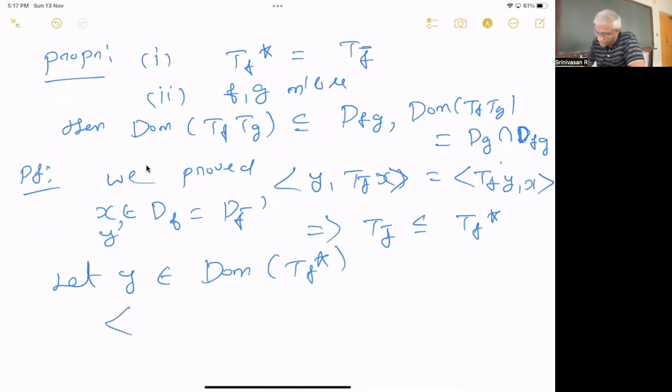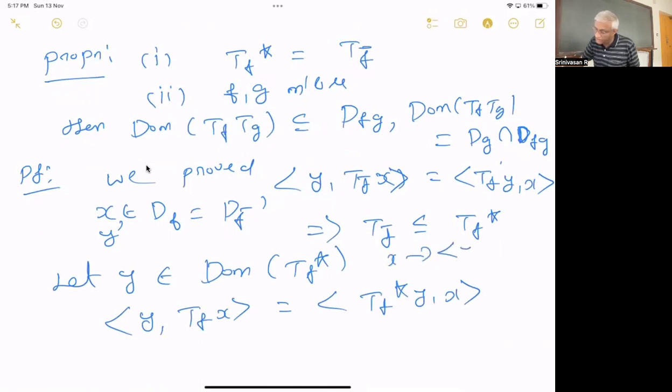If we apply this y to T f x, this gives a bounded linear functional, and that is equal to T f star y x. This is well defined, and x going to this is a bounded linear functional. That is the definition of y being in the domain of T f star.